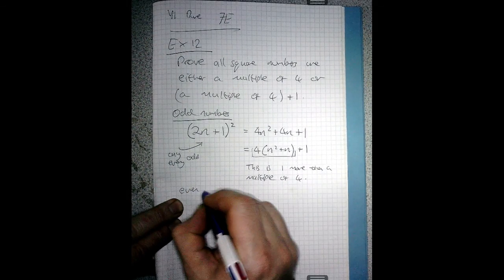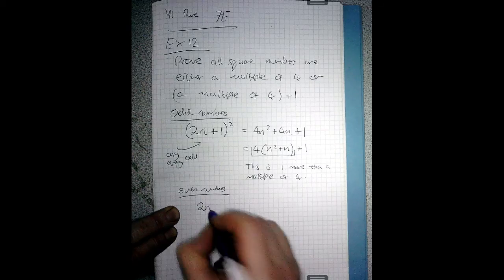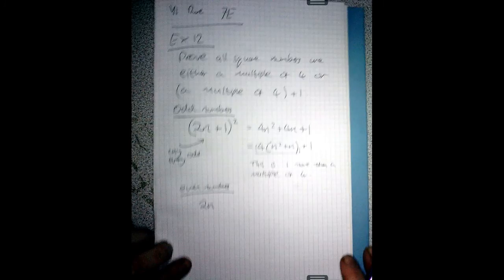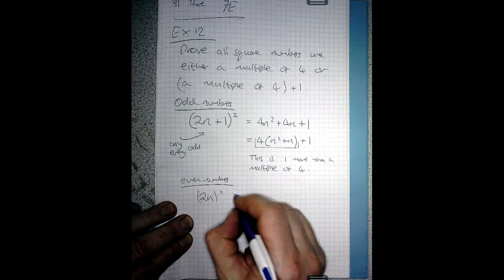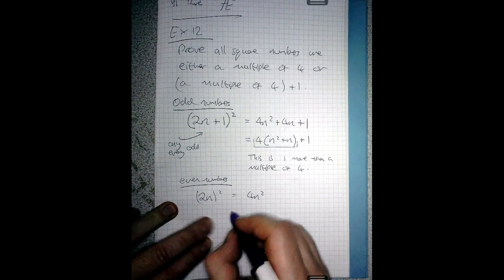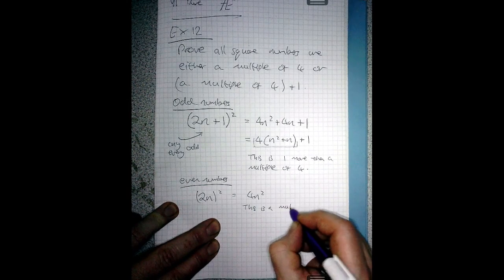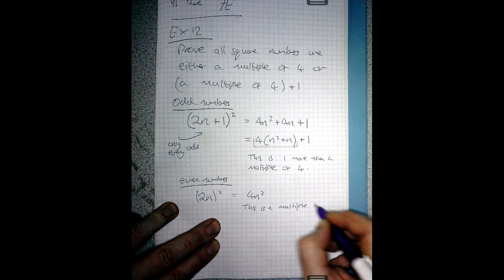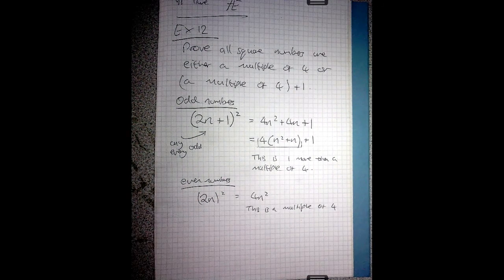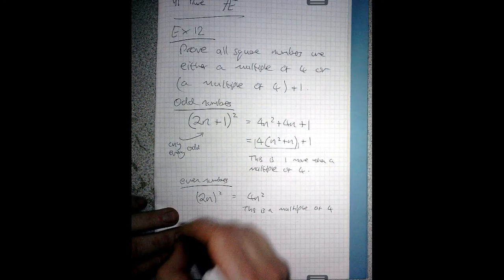If we consider even numbers, well, here it is, that's every even number, and if I square it I get 4n squared, which is clearly a multiple of 4. This is a multiple of 4. The last thing I write is what I was asked to prove.